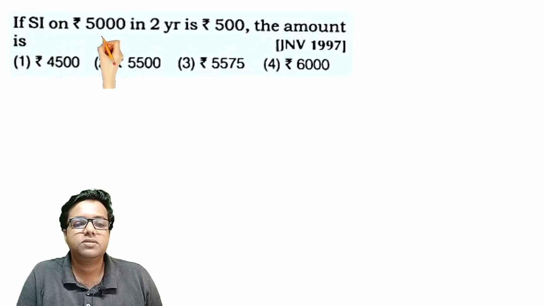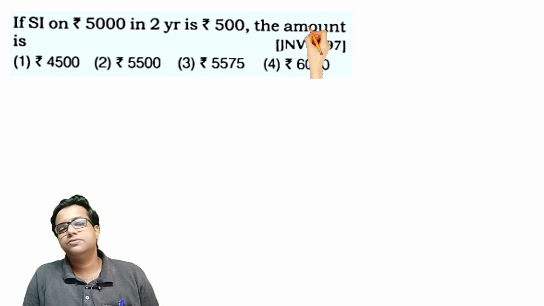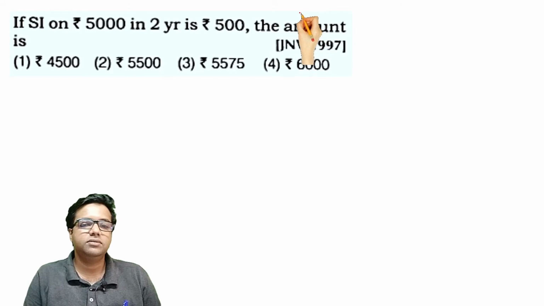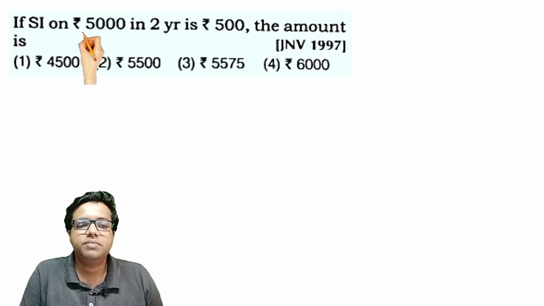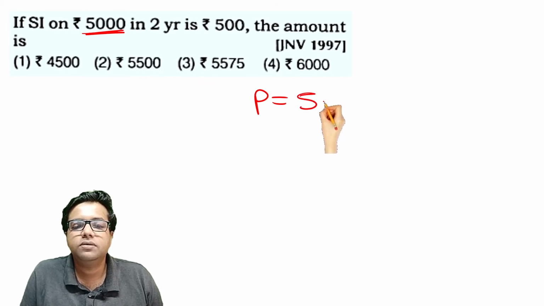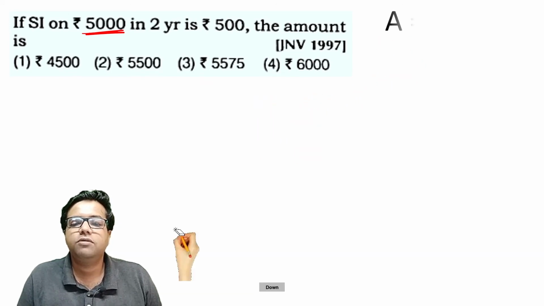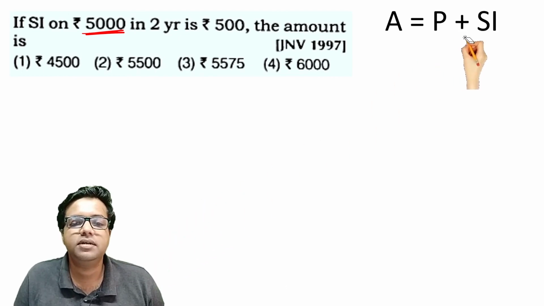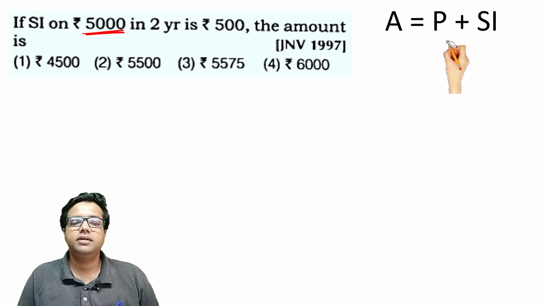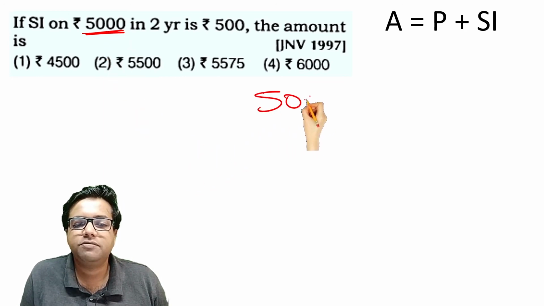If simple interest on 5,000 rupees in 2 years is 500, the amount is what? Principal is already given here. What is the formula for amount? Principal plus simple interest, right? So what is the principal here? Principal is 5,000 rupees.